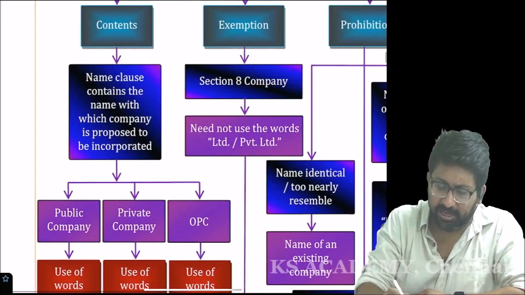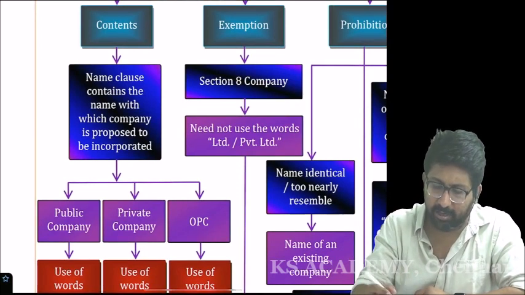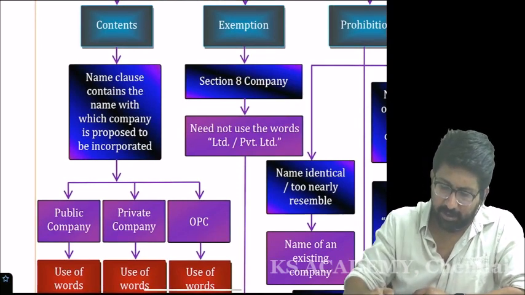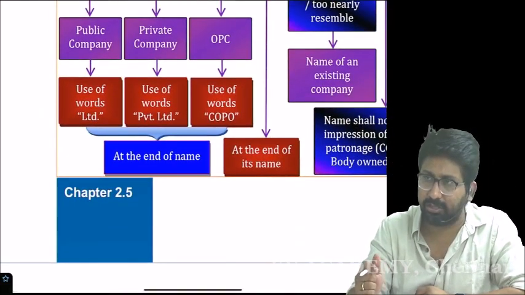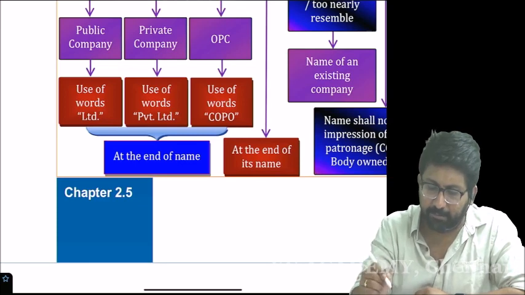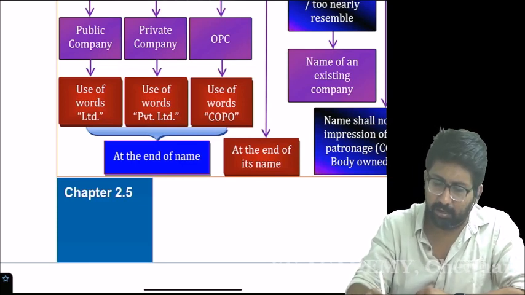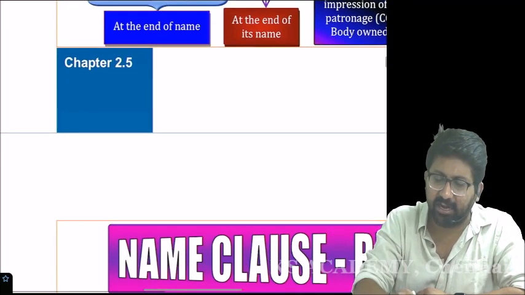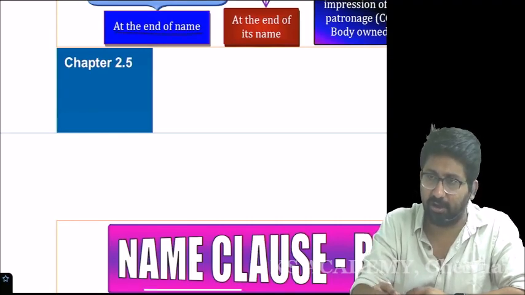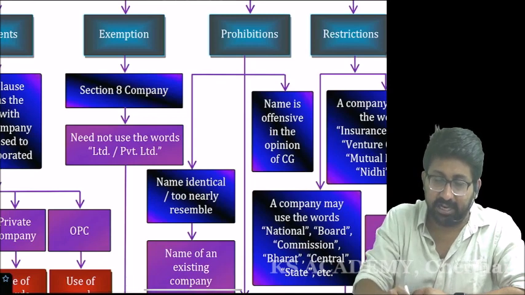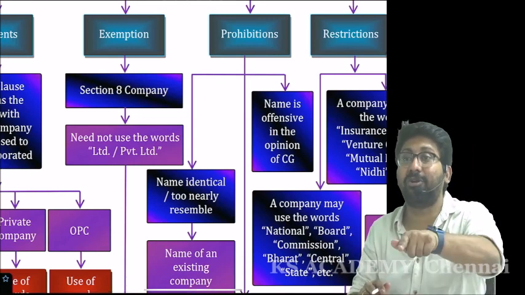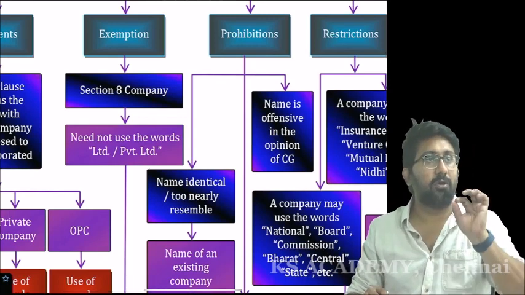The name clause contains the name with which the company is proposed to be incorporated. Next, public company: use the word limited. Private company: private limited. One person company, I will discuss later. At the beginning or end of its name. Next, exemption: a Section 8 company need not use the words.